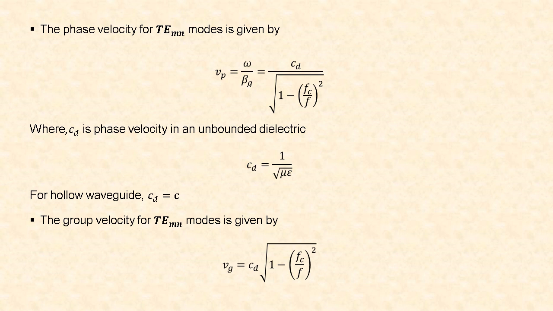The group velocity for TE mode is given by Vg = cd square root of 1 - (fc/f)².